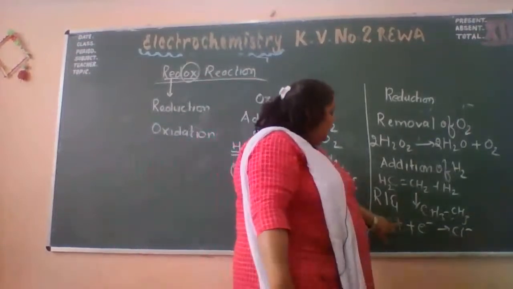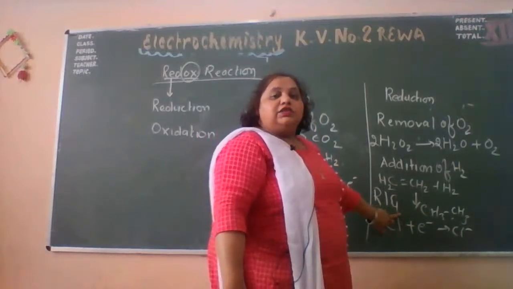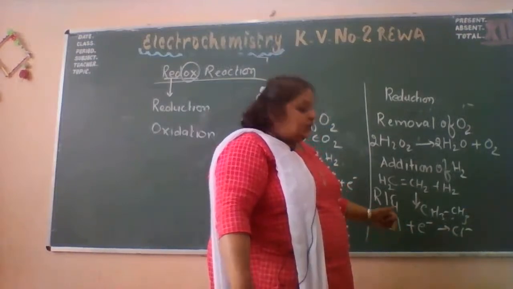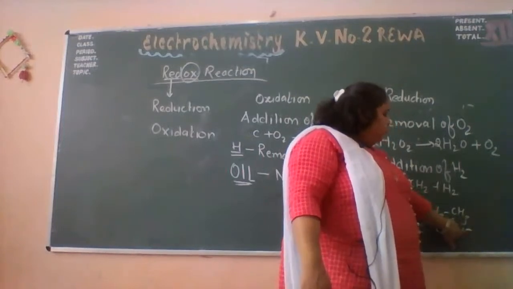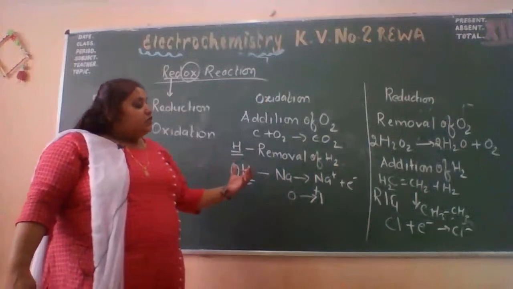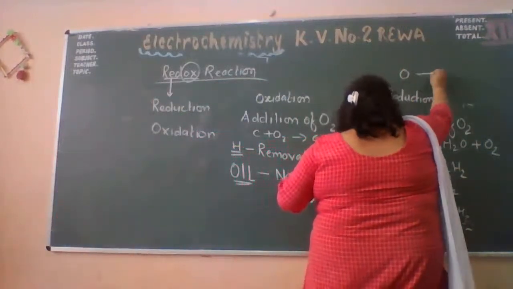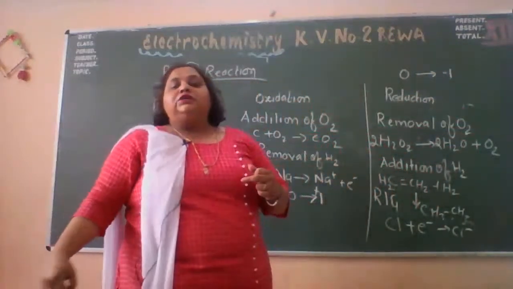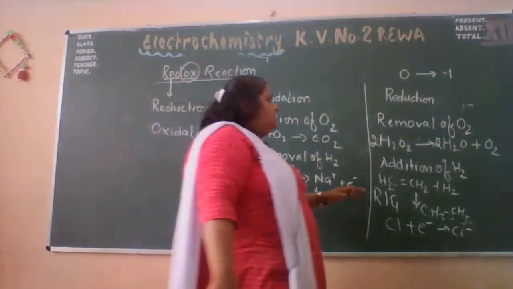Here the Cl again is in the atomic form, that means charge present is 0. And now here it is Cl minus. This 1 unit charge is its oxidation state. So the change taking place is from 0 to -1. Is it an increment? No. It's a decrease. It's a negative change.